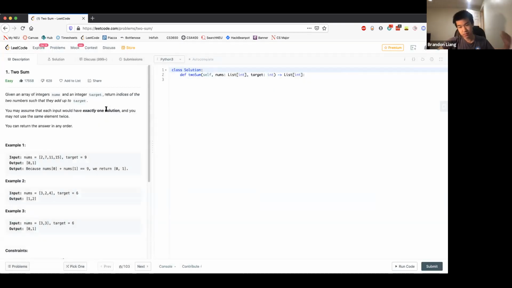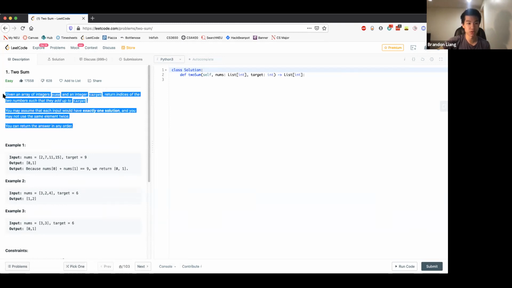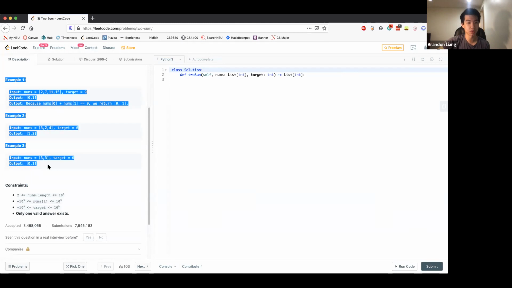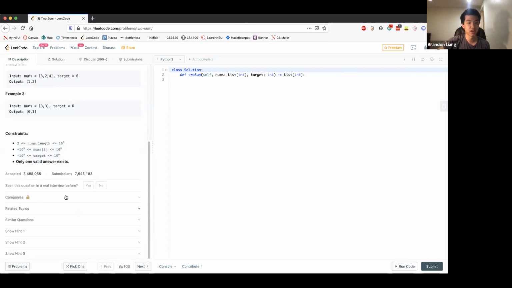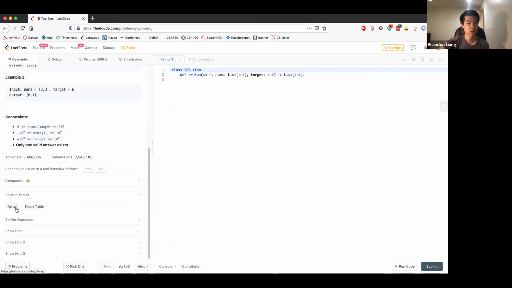So as you can see, you have this interface where you're told the problem title, the problem description, followed by a couple of examples, constraints, and hints if you choose to use them. And you can see the related topics here. So if you get stuck, you can look at these and it should guide you in the right direction on how to solve this problem.